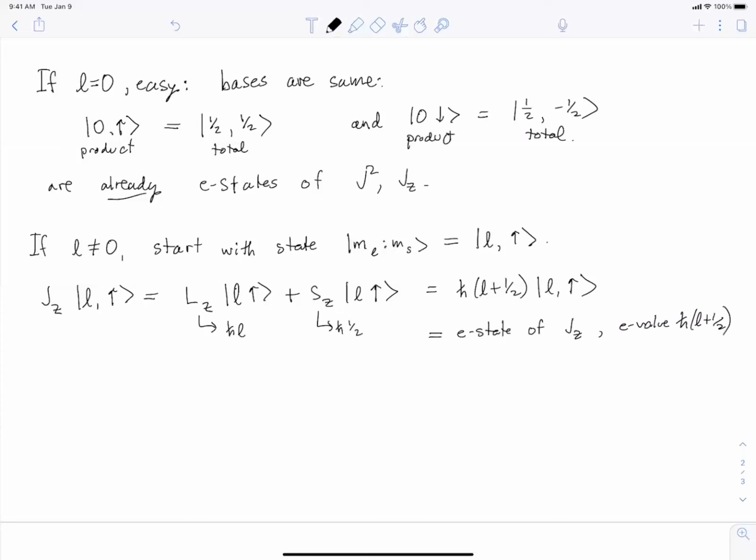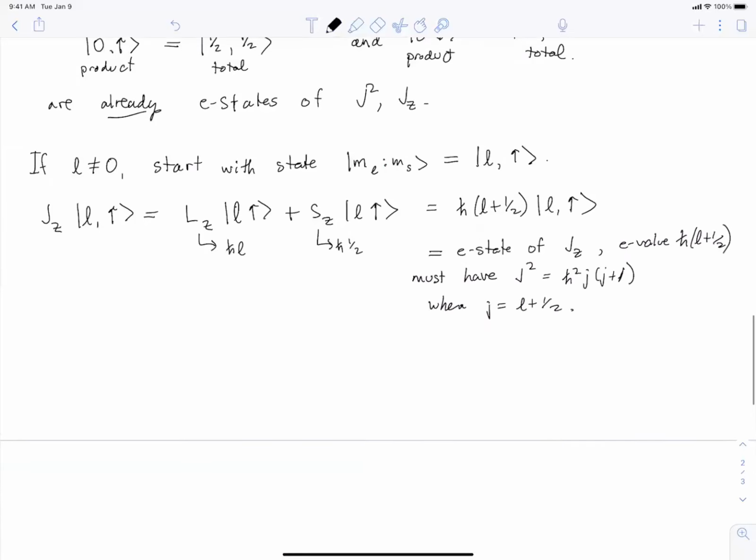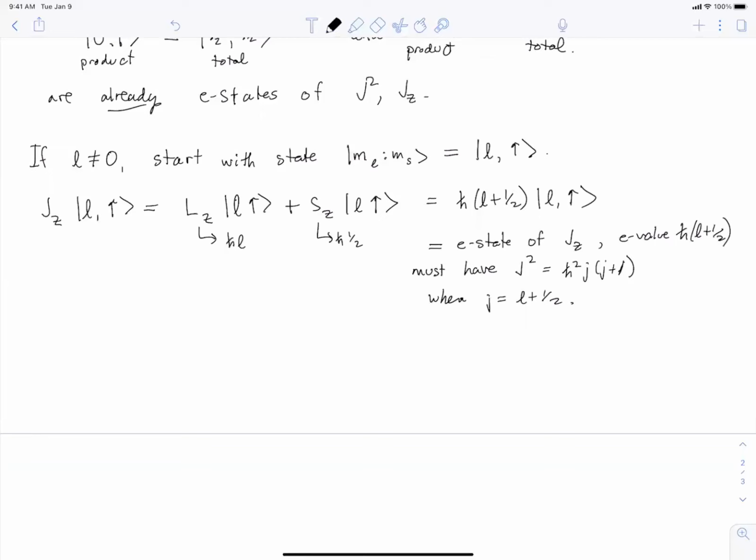And so if that's true, it must also have J squared eigenvalue h bar squared J times J plus 1, where J is equal to L plus 1/2. So we've shown that this thing is already an element of the total angular momentum basis. And therefore we know that |L plus 1/2, L plus 1/2> is equal to |L, up arrow>.